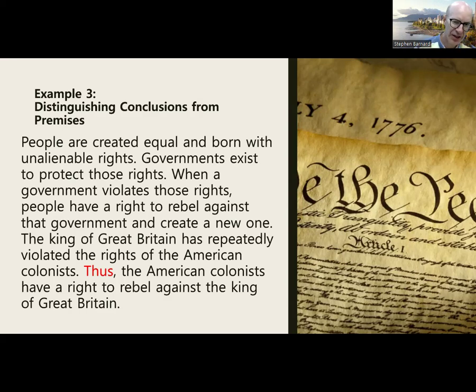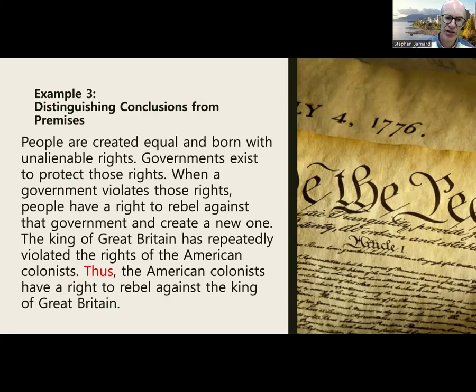People are created equal and born with unalienable rights. This is something which you have to accept in order to continue on with the argument. If you believe that people are not created equal and that people don't have certain rights which they are born with, well, then you won't be able to progress through the argument.